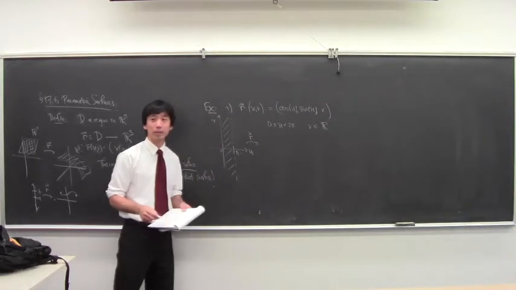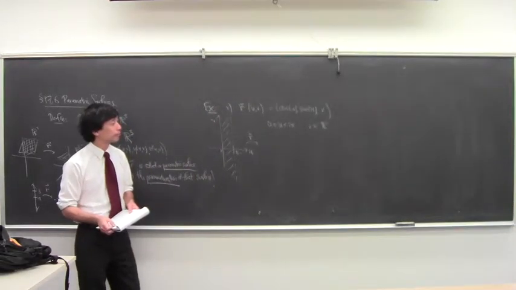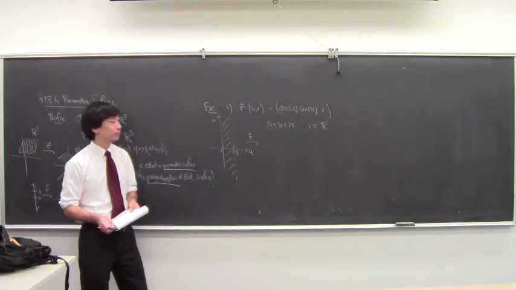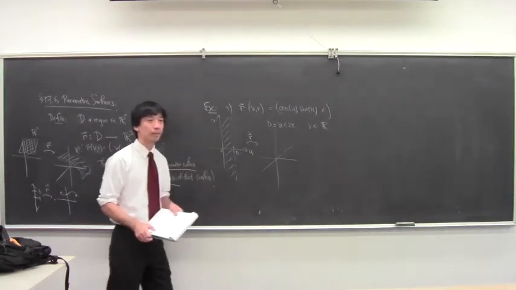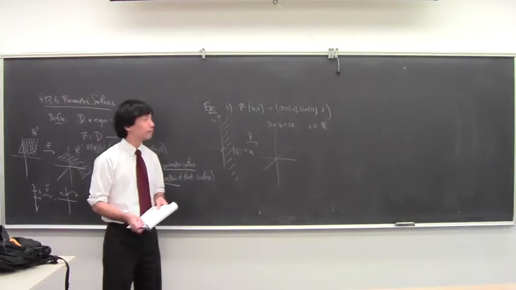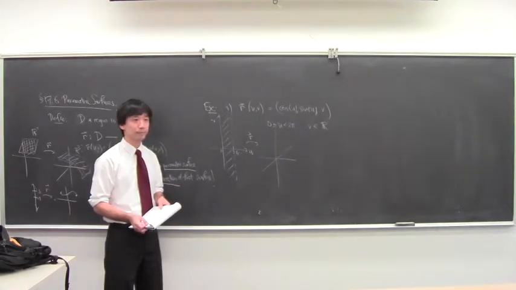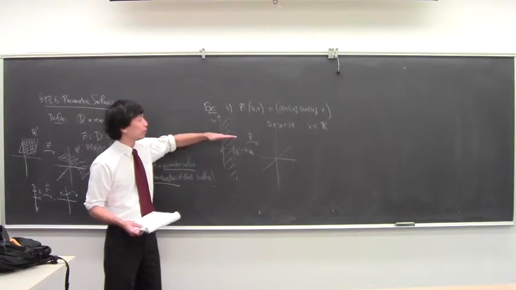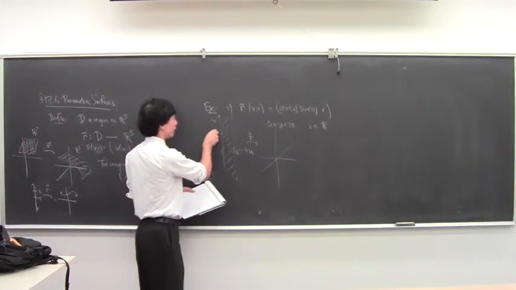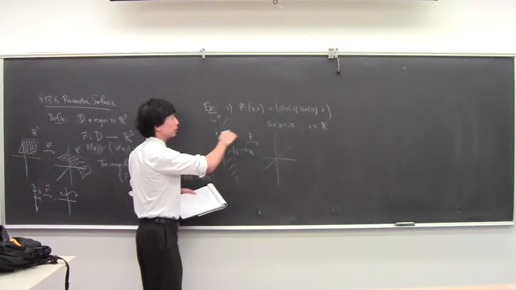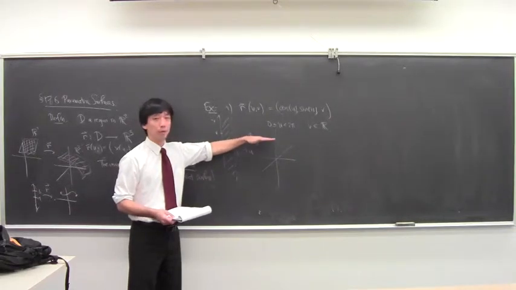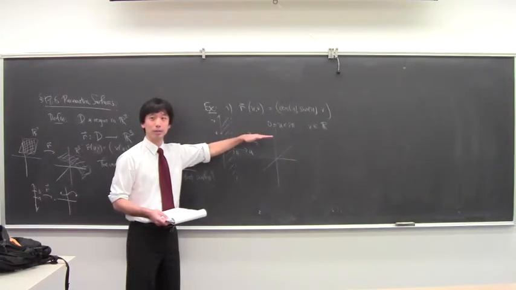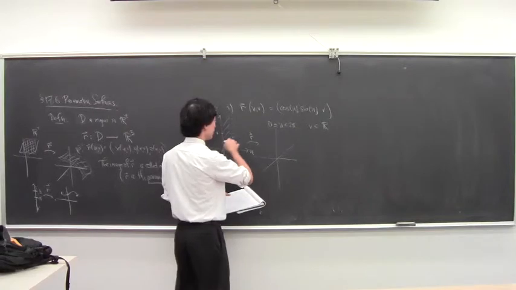Can anyone tell me what the image looks like in space? Well, think of what happens if you hold a v. You fix v, and then you just let the u vary. What are you going to get? You're going to hold it at a height, and you get a circle. And so at every height, you get some circle.